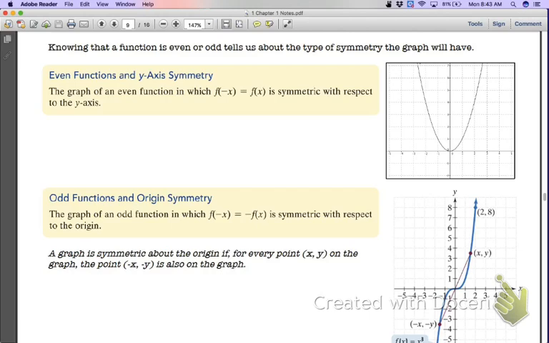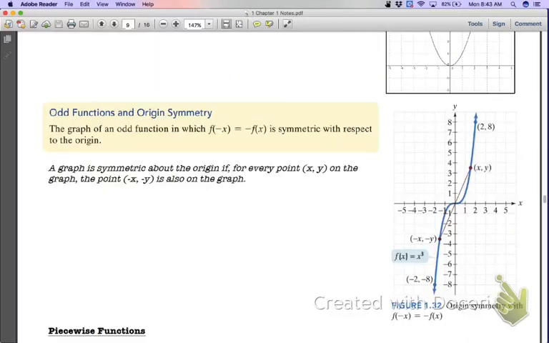Knowing that a function's even or odd tells us the type of symmetry it's going to have. So if it's an even function, it's going to be symmetric to the y-axis. If you notice that whenever I run my points for x and y and then -x and -y, it runs through the origin of my graph, the origin symmetry is going to make it odd.